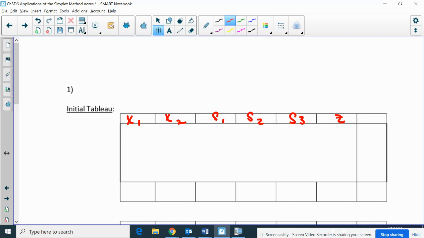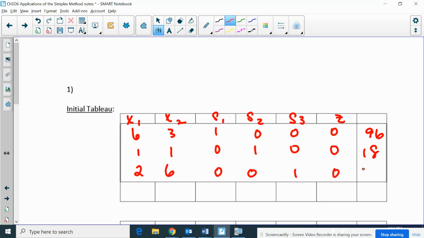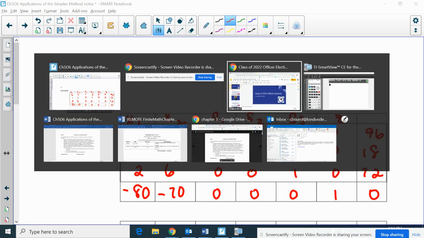And I need 4 rows. 6, 3, 1, 0, 0, 0, 96; 1, 1, 0, 1, 0, 0, 18; 2, 6, 0, 0, 1, 0, 72; and then my maximization equation, negative 80, negative 70, 0, 0, 0, 1, and 0. All right, so I'm now ready to put this into the graphing calculator. So I'm going to switch to that. There it is.